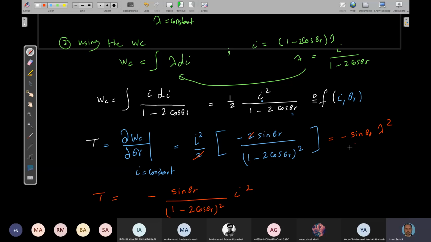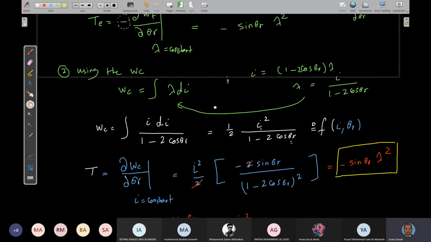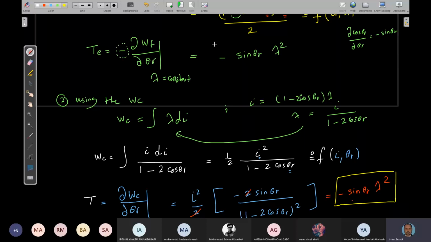And this is to show you that whether you are using the Coenergy or the field energy, you should get the same result. Which one is straightforward you will use in the end of the day. So my recommendation, if the field energy is written in terms of the flux linkage and the displacement, then use the field energy to calculate the torque.